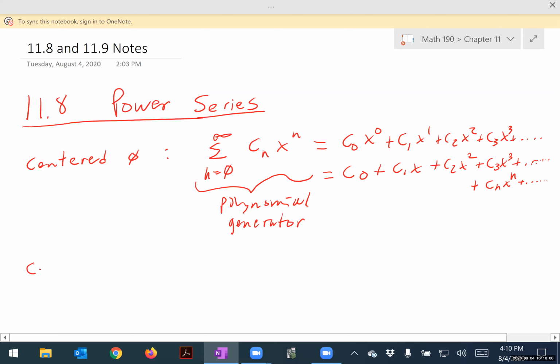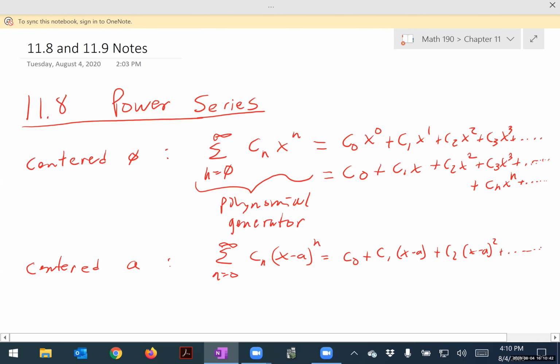If it's centered at the value a, it looks like this: the summation n equals 0 to infinity of c sub n times (x minus a) to the nth power. This is equal to c sub 0 plus c sub 1 times (x minus a) plus c sub 2 times (x minus a) squared plus, and that goes on forever.